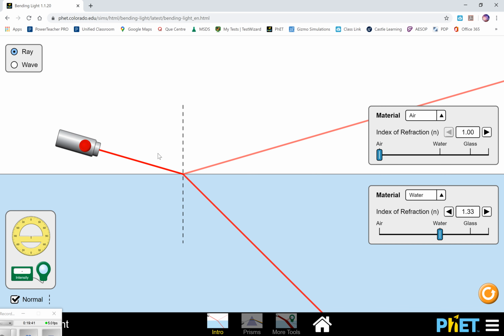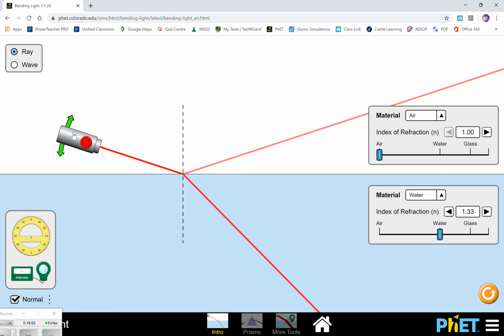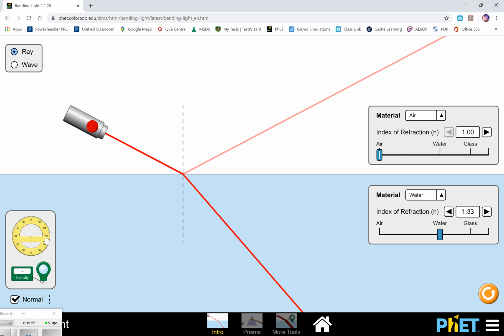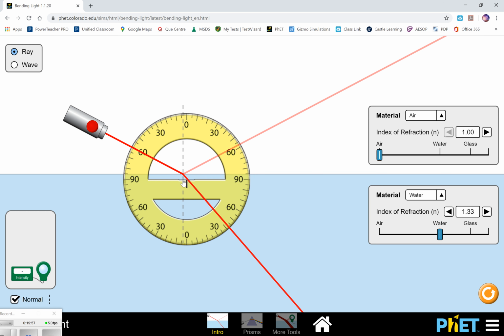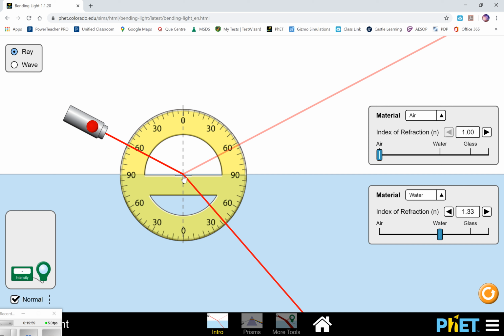The law of reflection states that this angle here is the same as this angle here. We can measure that. We can put this protractor here, and try and line this up the best I can with 0.